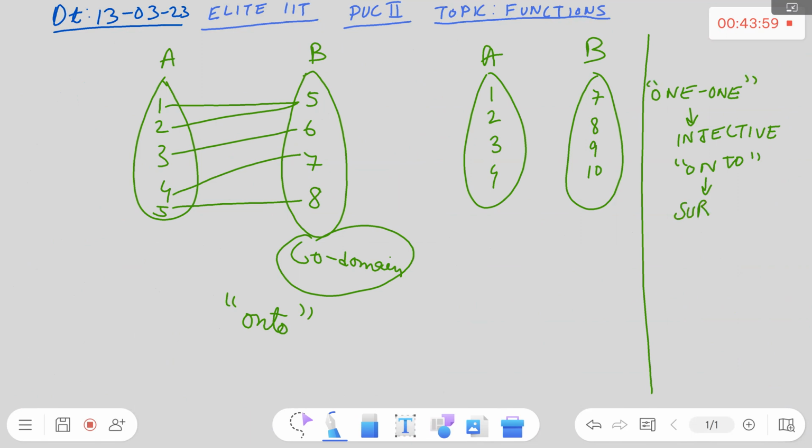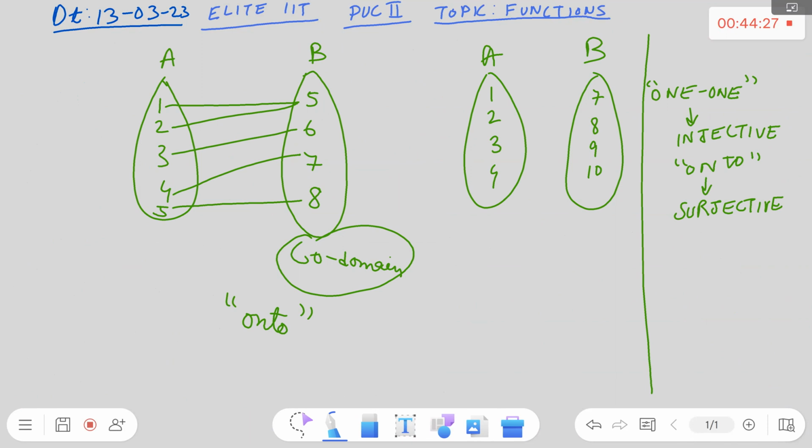Surjective. Onto is called surjective. Clear? If it is simply onto, we don't care about whether it is many to one or one to one. If it is simply onto, that means surjective.